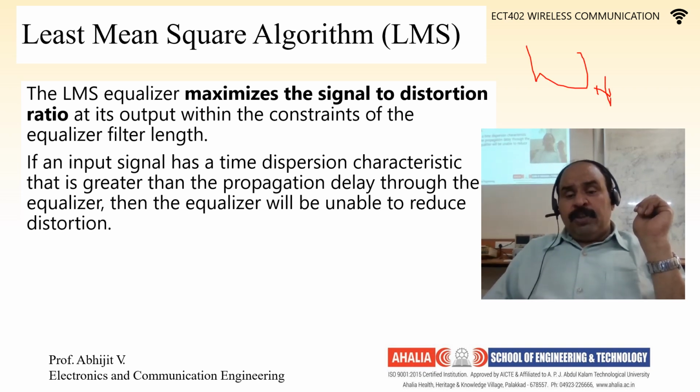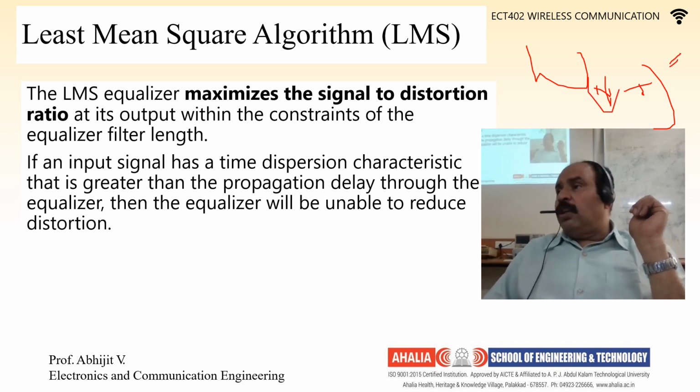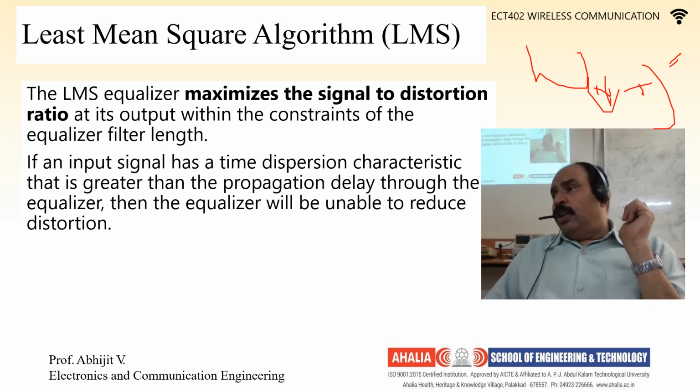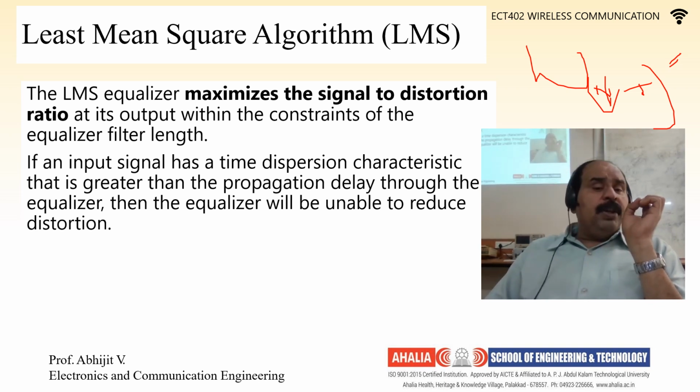W of n plus 1 is not related to or does not have any distortion components, noise components in its equation. So what we come to understand is that this LMS equalizer minimizes the signal to distortion ratio.